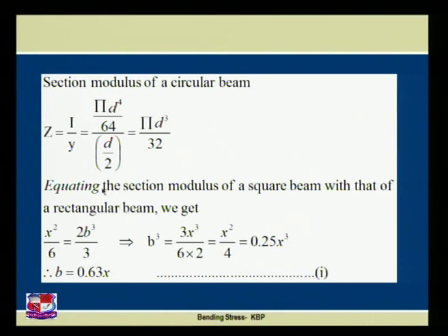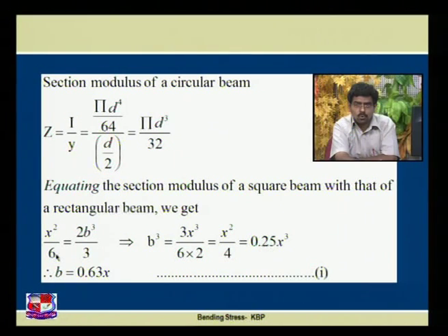Now equating the section modulus of the square beam with that of the rectangular beam, we have a relationship between B and x. Please refer: x cube by 6 is the Z for the square section, equal to 2B cube by 3, the section modulus of the rectangular section.